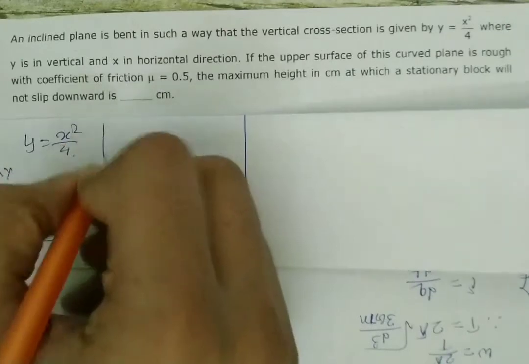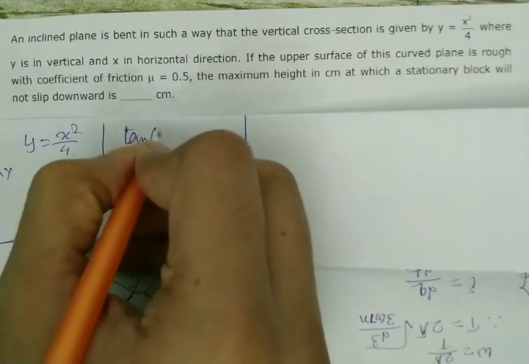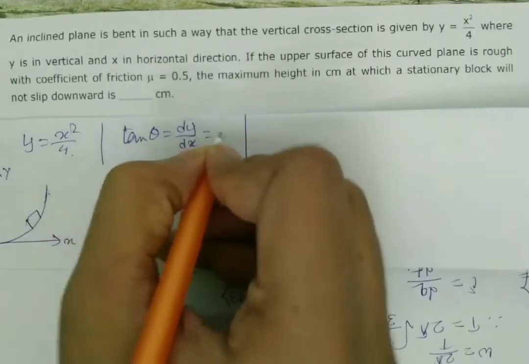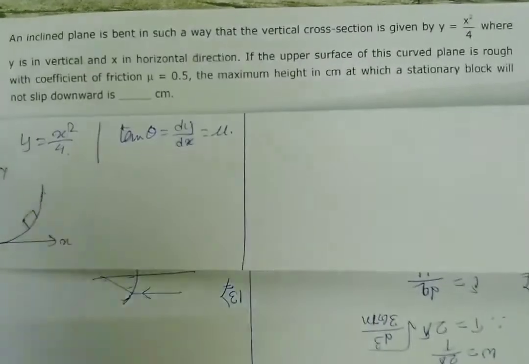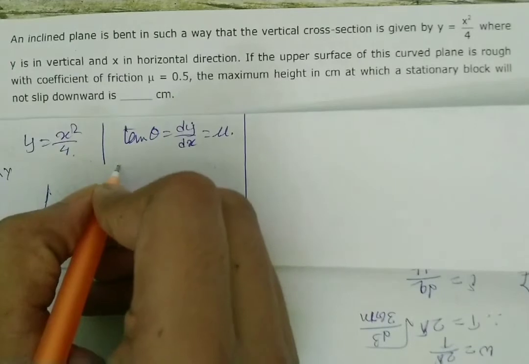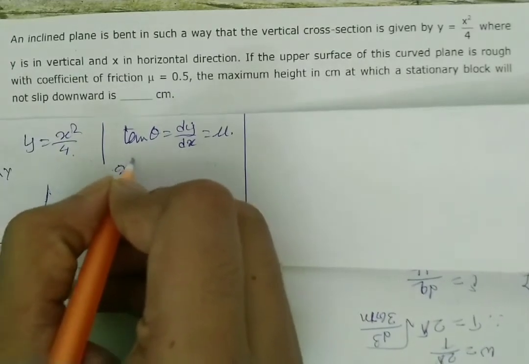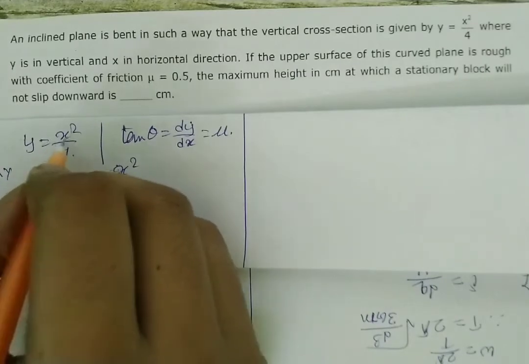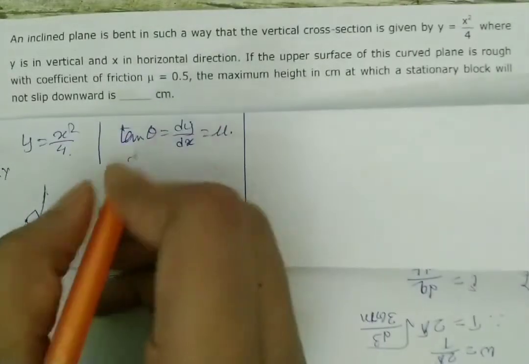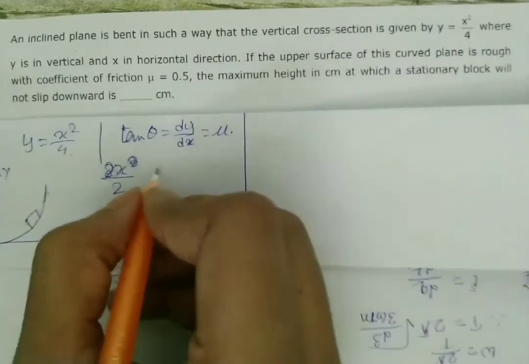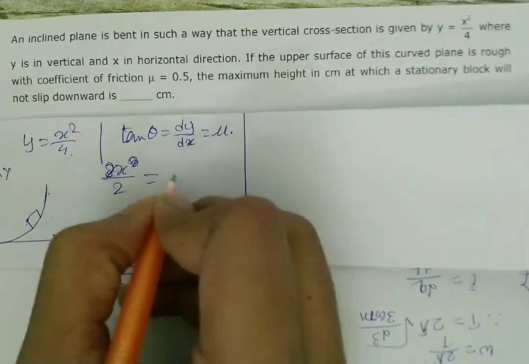So we can say tan theta, which is equal to dy by dx, is equal to mu. dy by dx is 2x by 4, that is x by 2, which will be equal to 0.5.